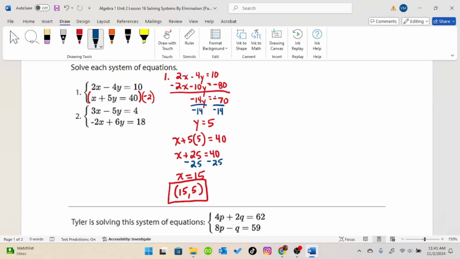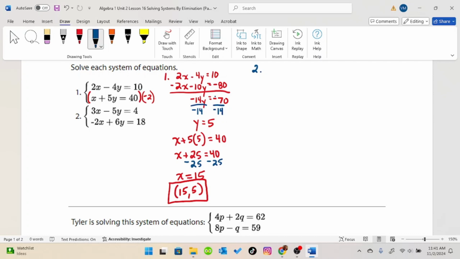Now let's try it with number 2. In number 2, we have 3x minus 5y equals 4, and we have negative 2x plus 6y equals 18.